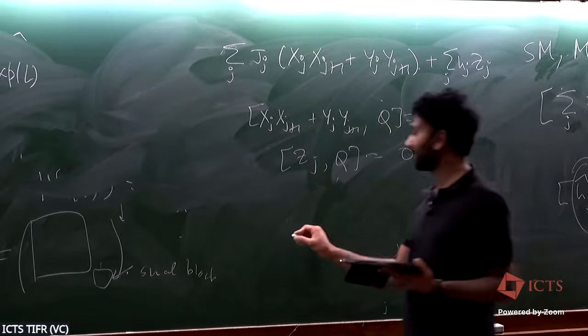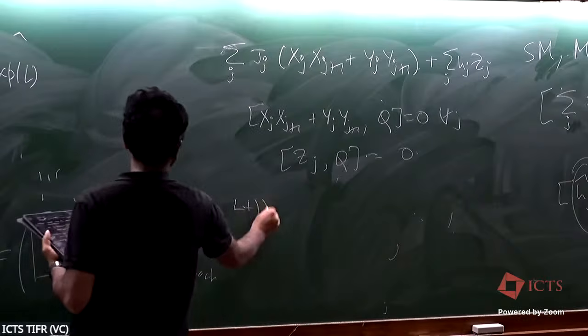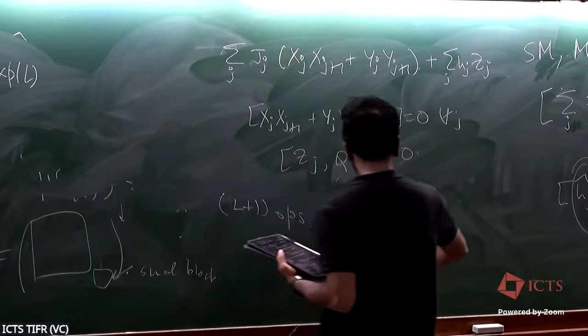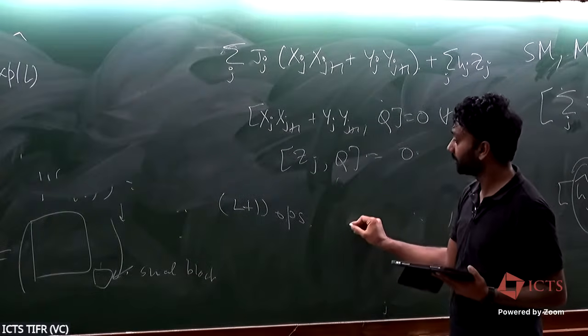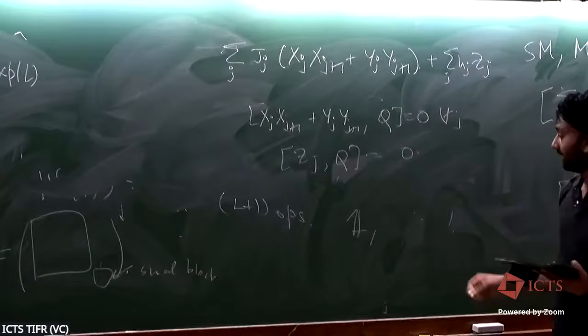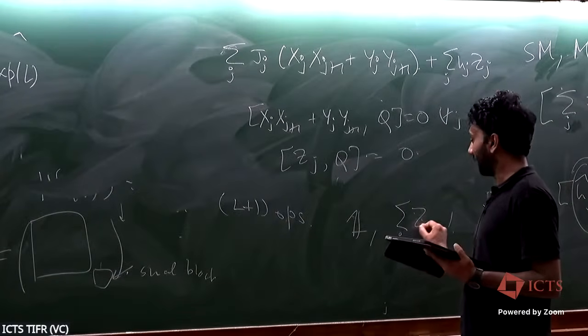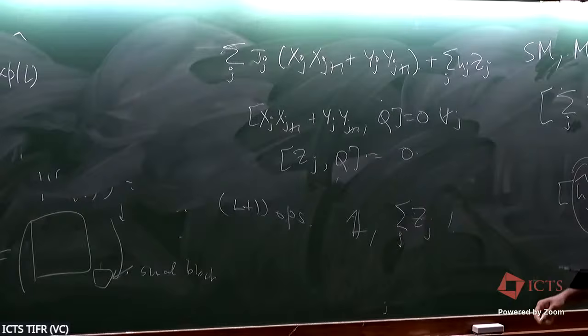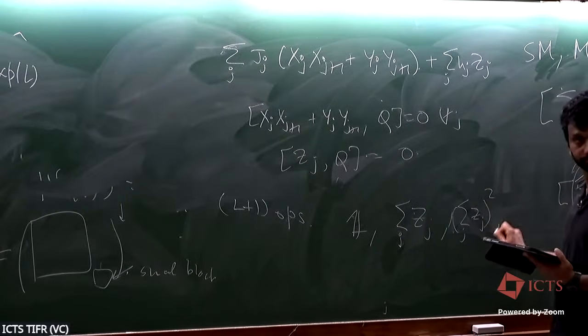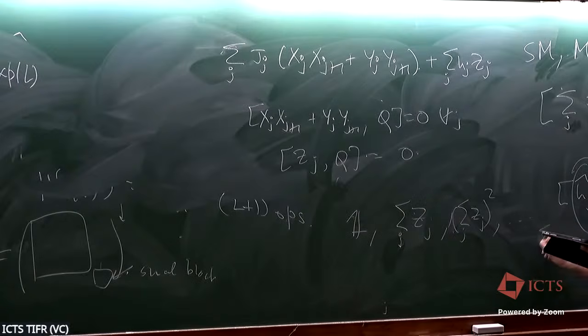It turns out that there are L+1 operators which commute with these. Identity obviously commutes with this. Then there is the total spin operator, which is the U1 symmetry, but then you also get total spin squared and all powers of the total spin.